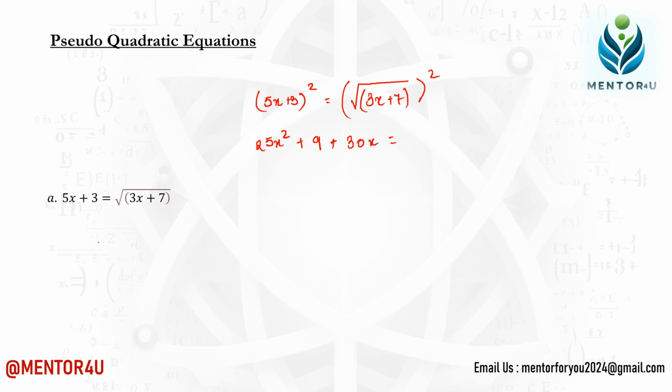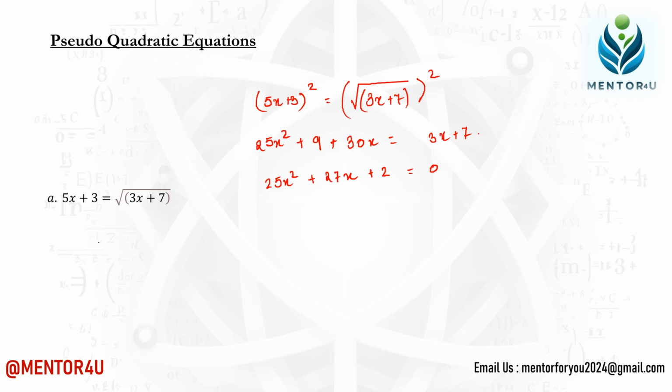Alright. So now we take all the right terms to the left hand side. That will be 25x square plus 27x plus 2 equal to 0. Now, as I just told you, we use the factorization technique to find the solutions of x. First, you multiply the coefficient of x squared with the constant, which is 25 multiplied by 2, that's 50.